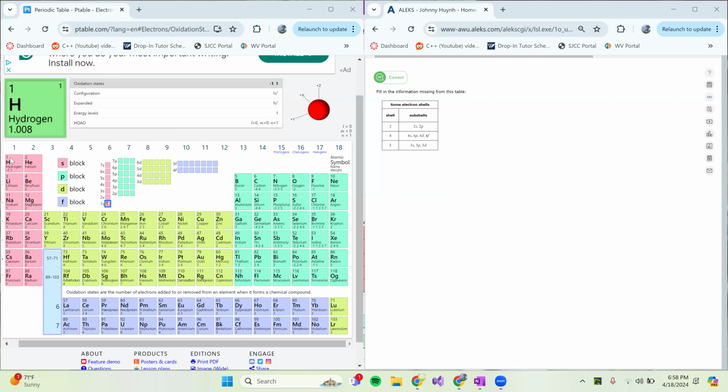Another thing to know is that, for the most part, as you go to the right, you're just adding electrons, and you can see through this periodic table that we're adding electrons as we go side to side, and we're going up an n level, an energy level.